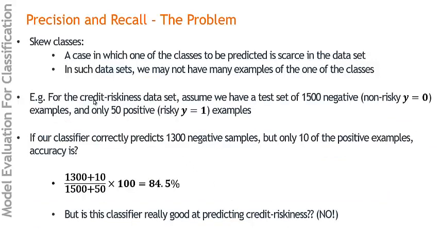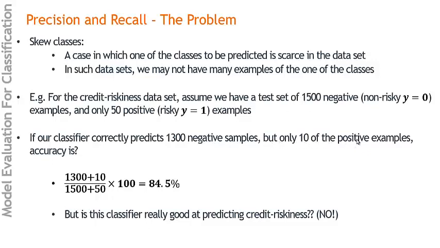Right, here's another example. In the credit riskiness data set, suppose we have a test set of 1,500 negative, non-risky examples and only 50 positive, risky examples. But it's the risky examples that we really want to identify correctly. Now, suppose the classifier correctly predicts 1,300 negative samples. 1,300 out of 1,500, that's not bad. But only 10 of the positive examples.